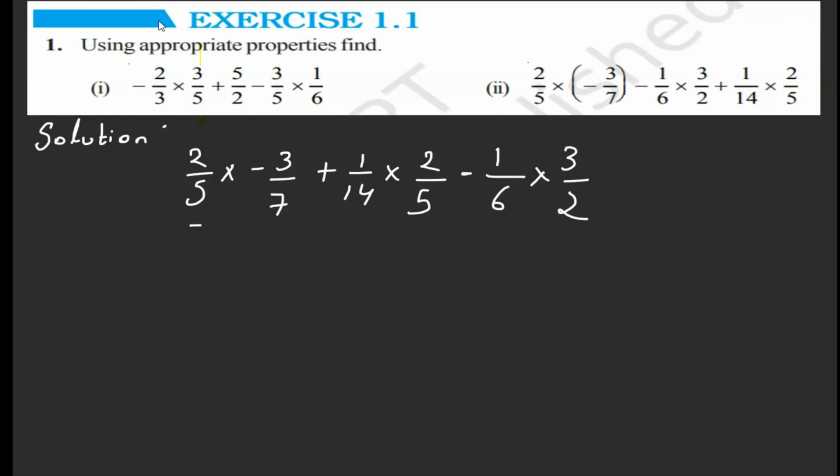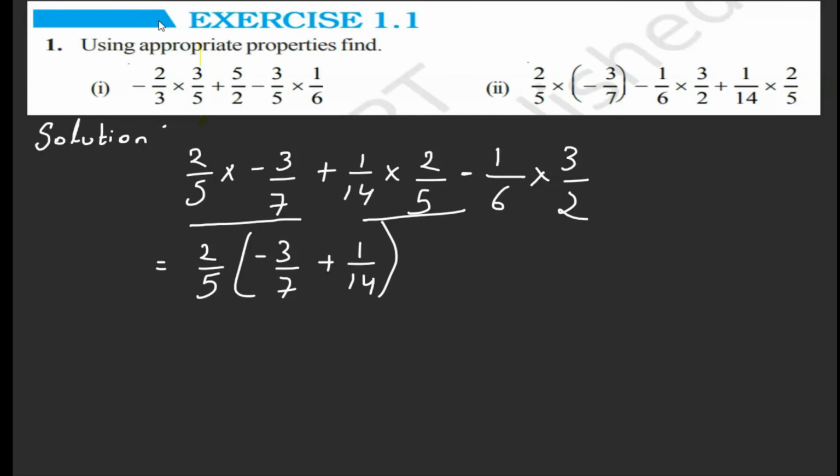So let us take out the common factor here, 2 by 5, from these two groups. So 2 by 5 is common and remaining is minus 3 by 7 inside the bracket and plus 1 by 14. And this is minus 3 1s are, 3 2s are, minus 1 by 4.